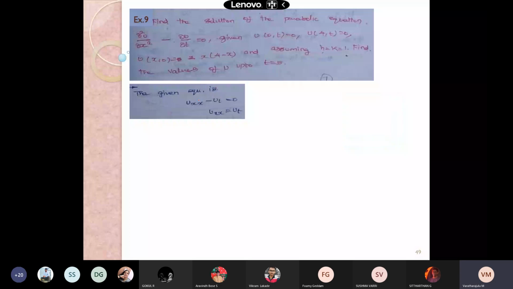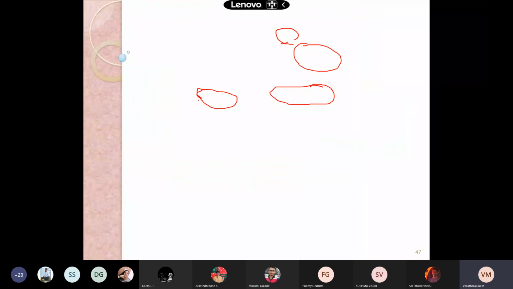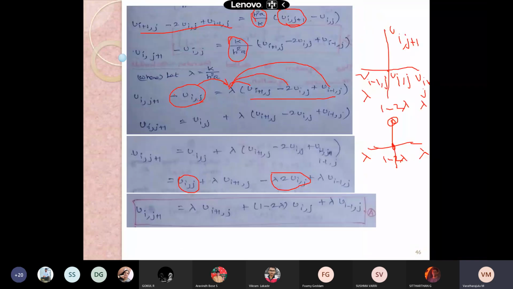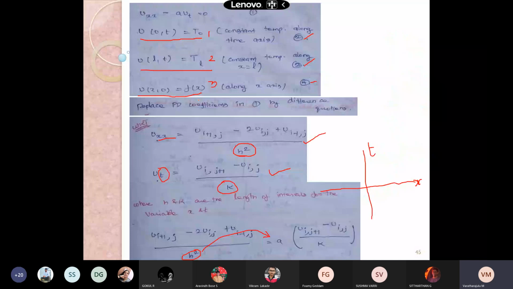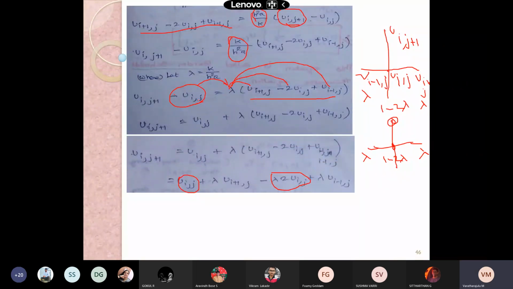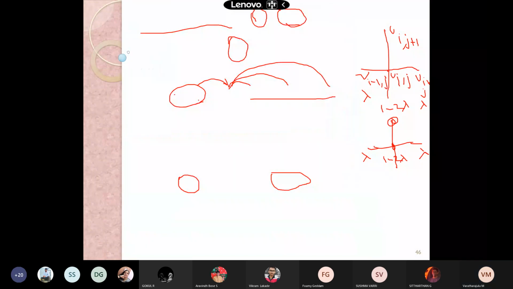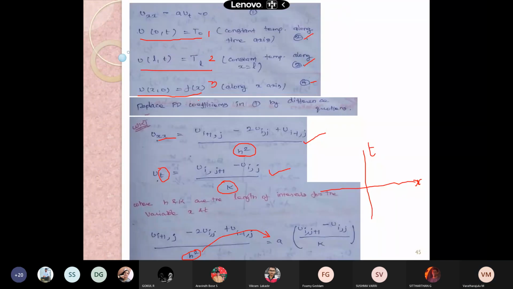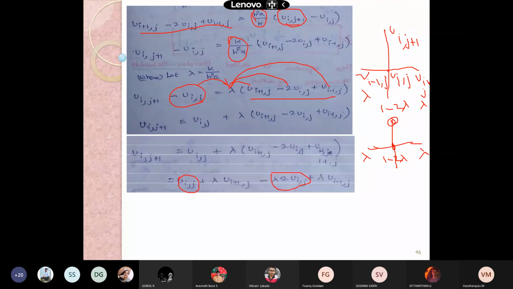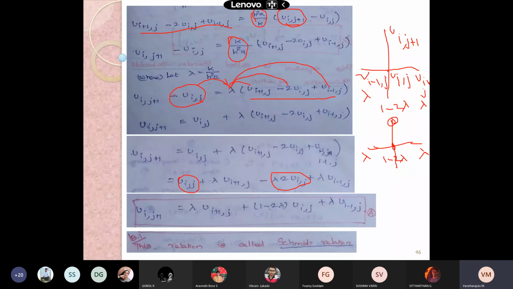I'll tell you what is lambda. Here the lambda assumed is k divided by h square a. K and h are intervals.